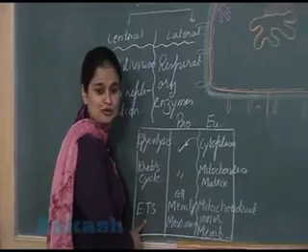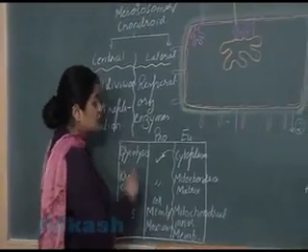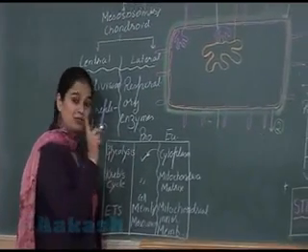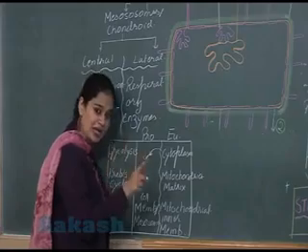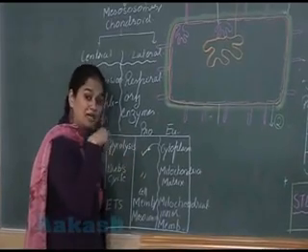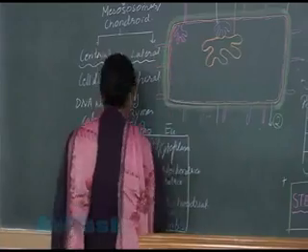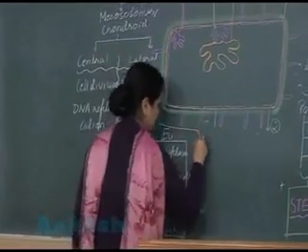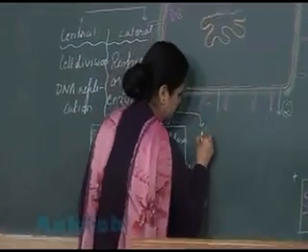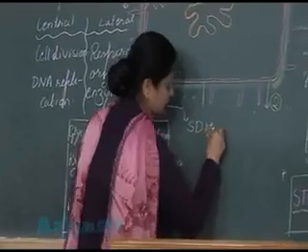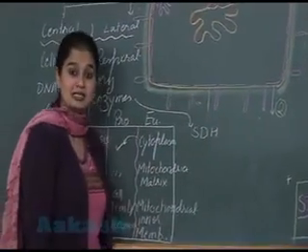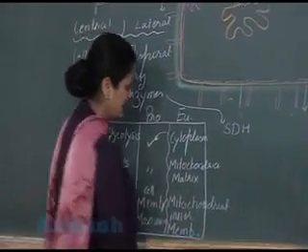ETS, electron transport system. So I'm going to write the name of a few enzymes which are part of the ETS and associated with the mesosomes. So you please write them. One is STH, that is succinate dehydrogenase enzyme.